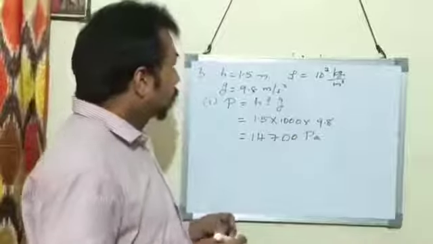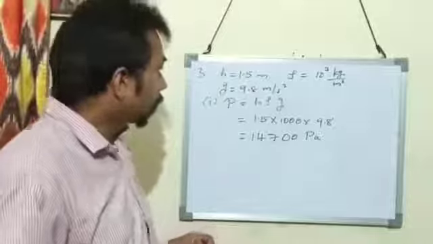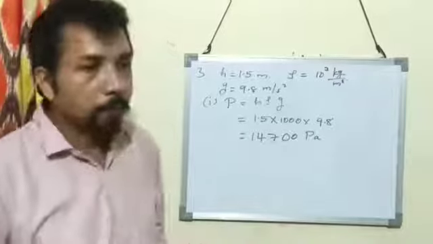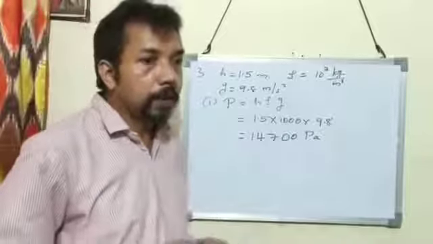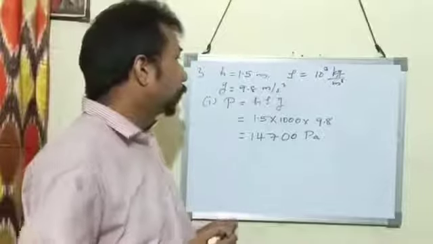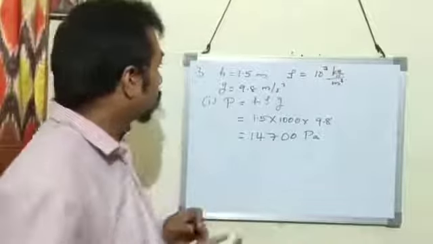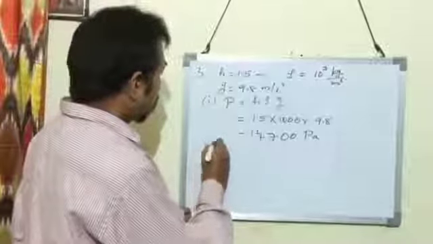So 1.47 into 10 to the power 4 Pascal, or 10 to the power 4 Newton per meter square. This is the pressure.